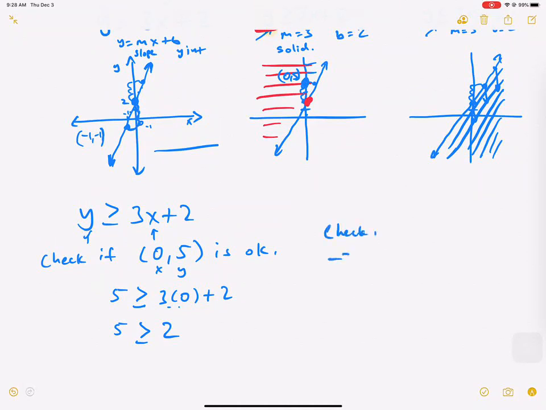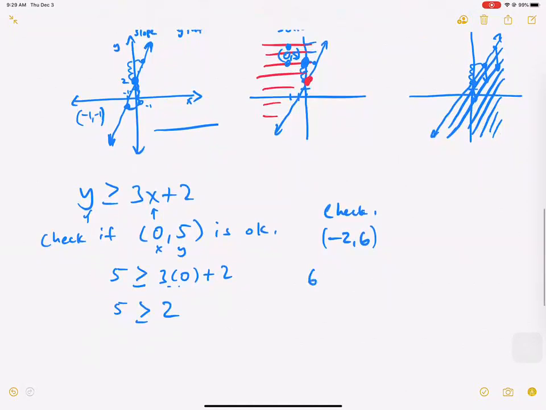Is (-2, 6) going to be okay? -2, -1, (-2, 6). That's way up here, right? Way up here. Does (-2, 6) look like it's in that shaded area? It looks like it to me. But let's verify this mathematically.